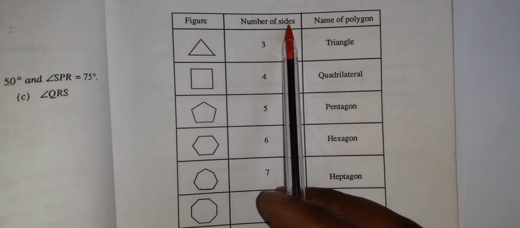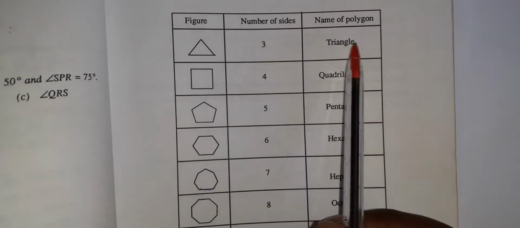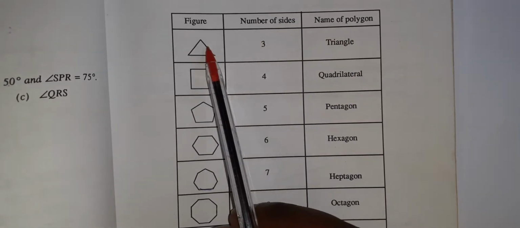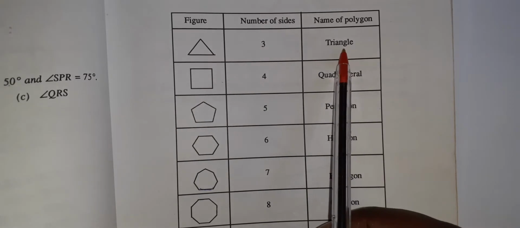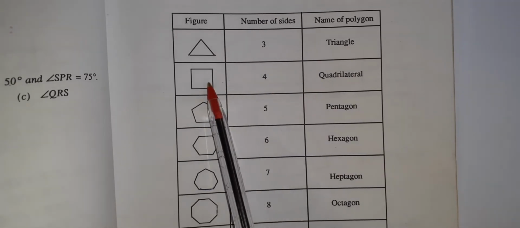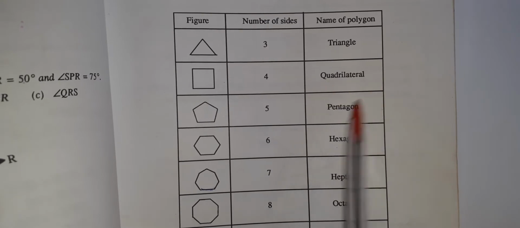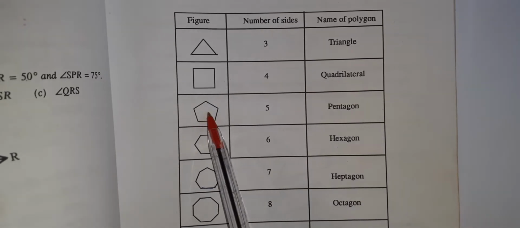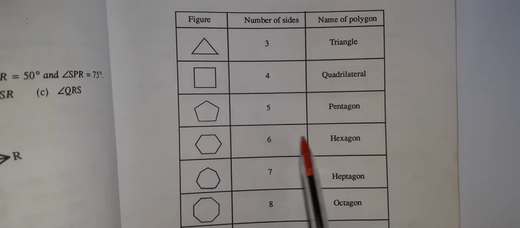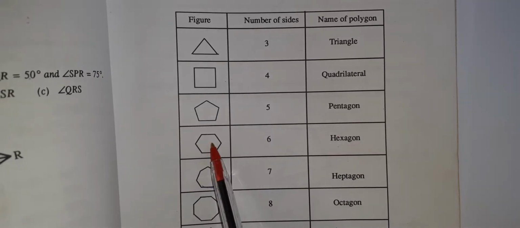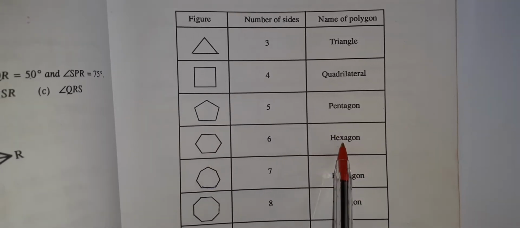Then the number of sides, 3. The name of a three-sided polygon is a triangle. The name of a four-sided polygon is a quadrilateral. What do we call a five-sided polygon? A pentagon. A six-sided polygon is a hexagon.